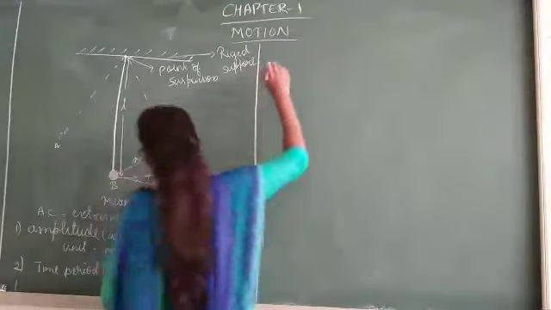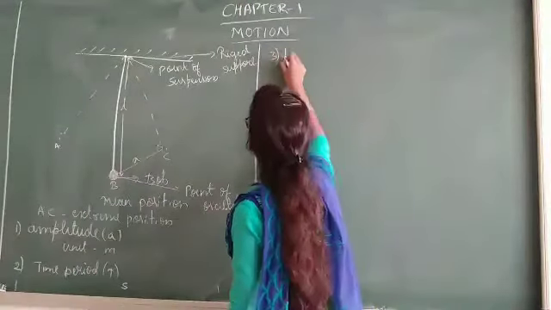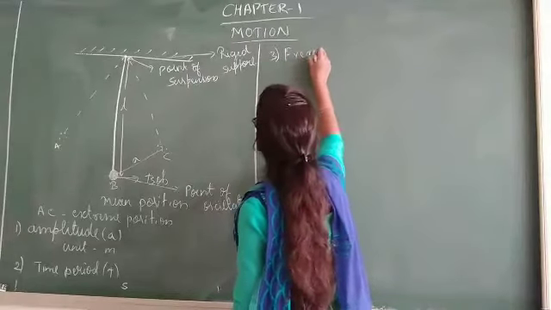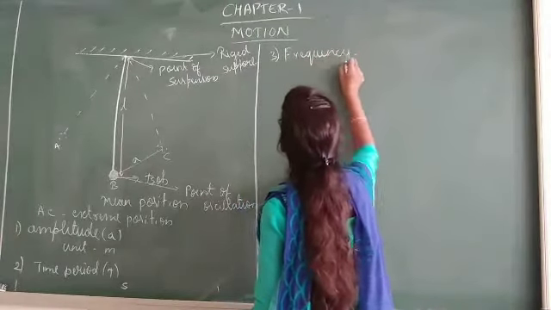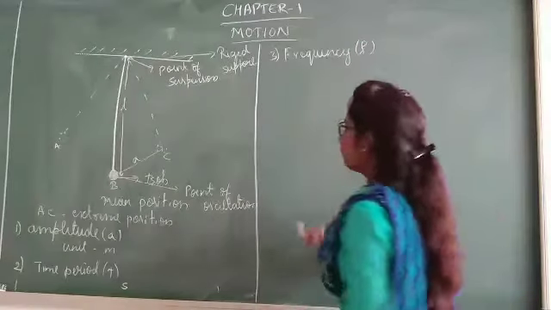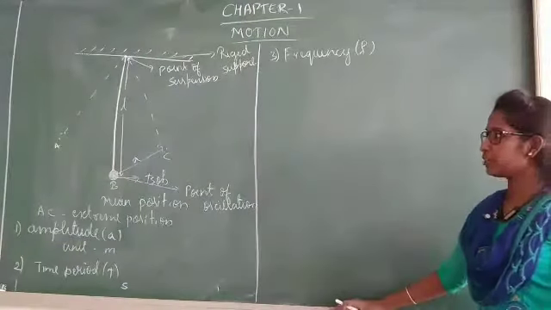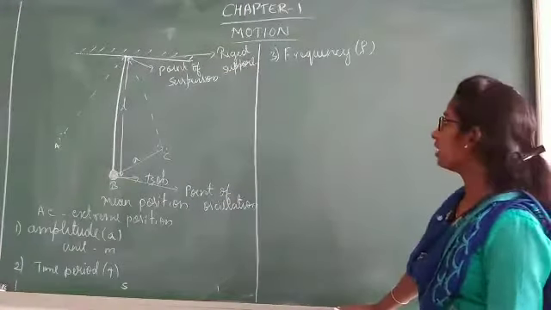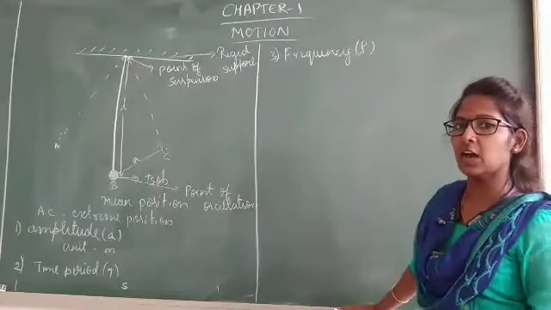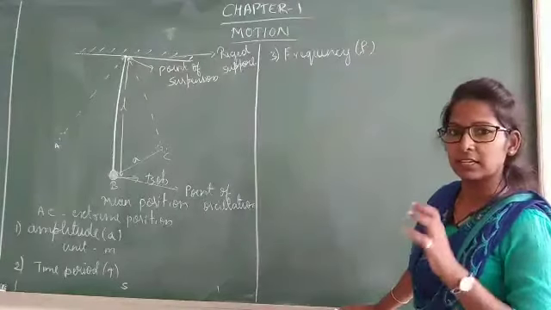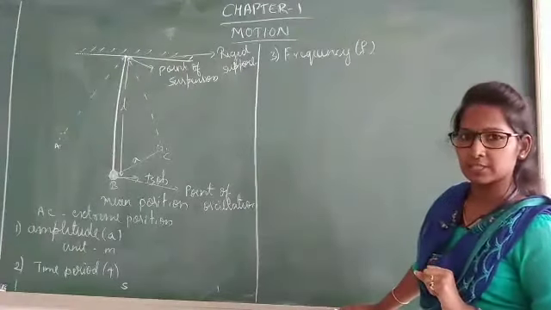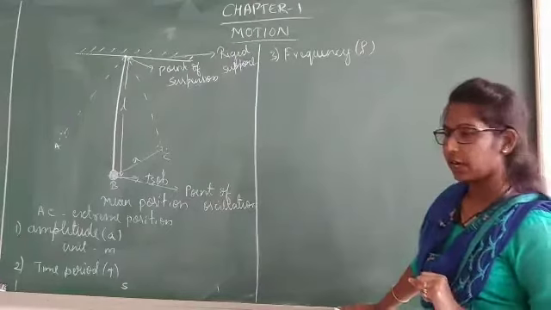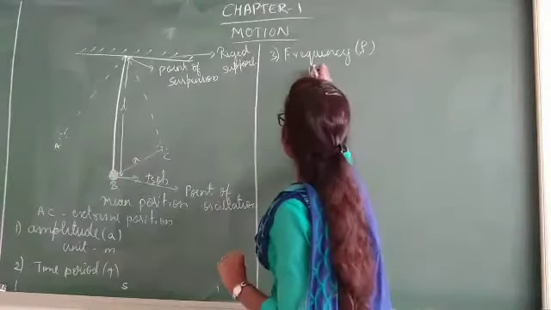And the next one is frequency. It is represented by the small letter f. Frequency is the number of vibrations produced by a vibrating body or a bob in 1 second. For 1 second, how many times it oscillates, that is what we call frequency. The SI unit of frequency is hertz.